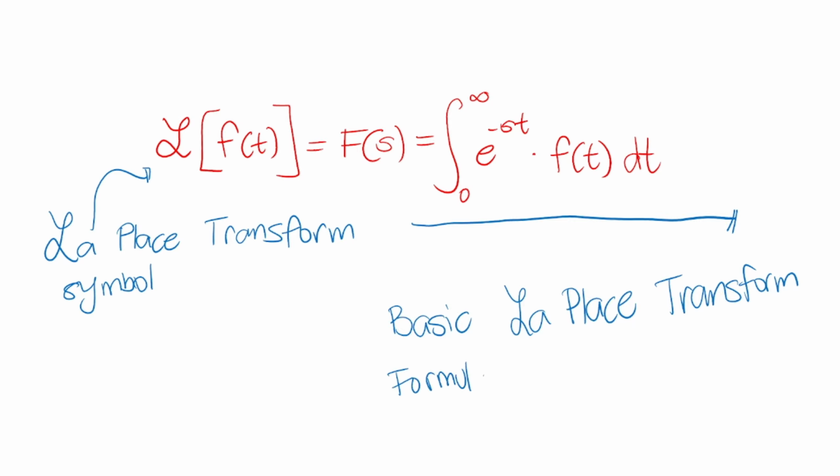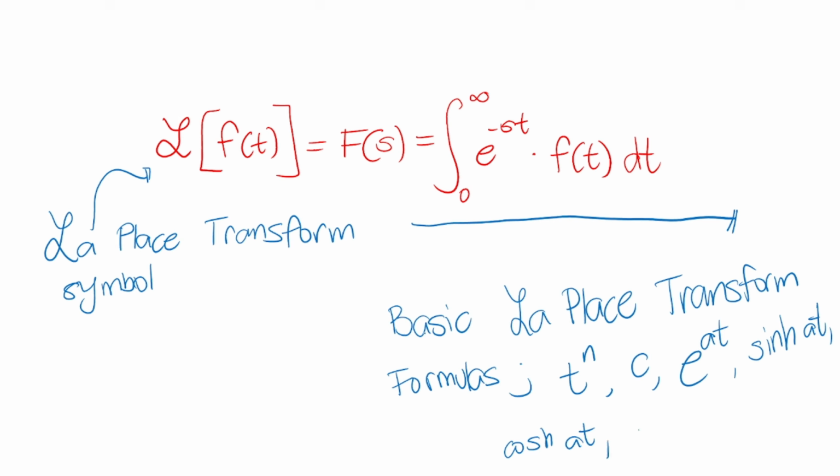Andun na yung t raised to n, yung Laplace transform ng constant, Laplace transform ng e raised to at, ng hyperbolic sine at, ng hyperbolic cosine at, ng cosine at, sine at, in which the a variable is any real number. It doesn't have to be an integer, basta any real number.